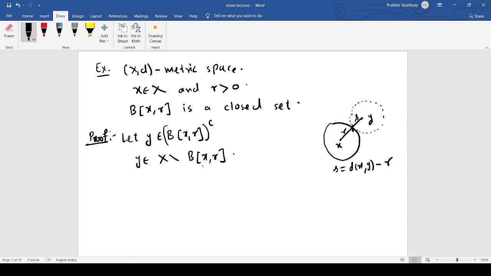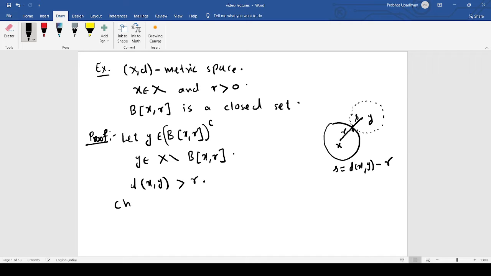Now this closed ball B(x, r) contains all the elements whose distance from x is less than or equal to r. But since our y belongs to the complement of this closed ball, its distance from x cannot be less than or equal to r. Therefore, its distance has to be greater than r from x. So we have the distance from x to y is strictly greater than r.